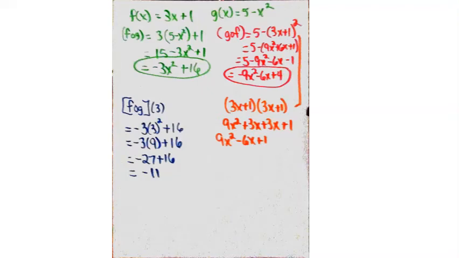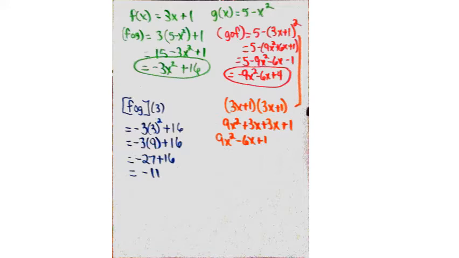Okay, so I'm on page 58 in our book, example 2, compose two functions. That's page 58, example 2, compose two functions, and I am looking at guided practice number 2A.